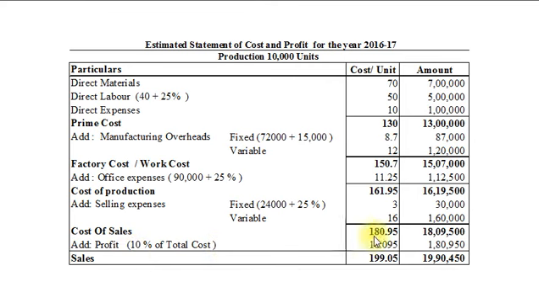So 10% of 180.95 is 18.095 and total profit 1,80,950. So finally we get selling price per unit 199.05 and sales value 19,90,450. Dear students, thank you very much for watching this video lecture.